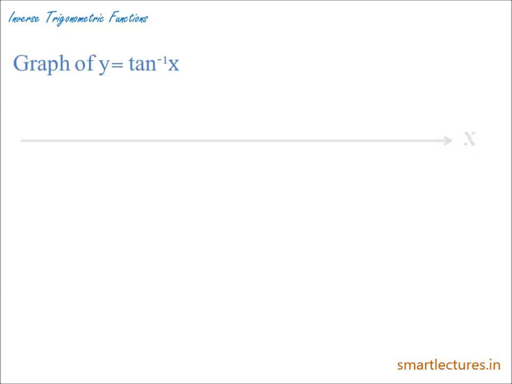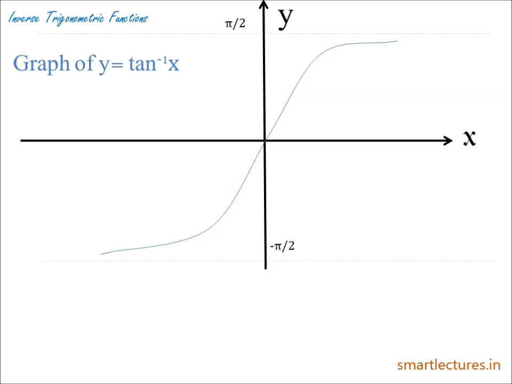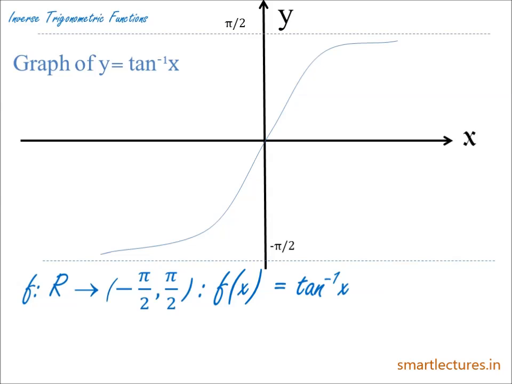So here you can see the graph obtained, and the function y is equal to tan inverse x is defined as the function f from the set of real numbers to the open interval minus half pi to half pi such that f of x is equal to tan inverse x.